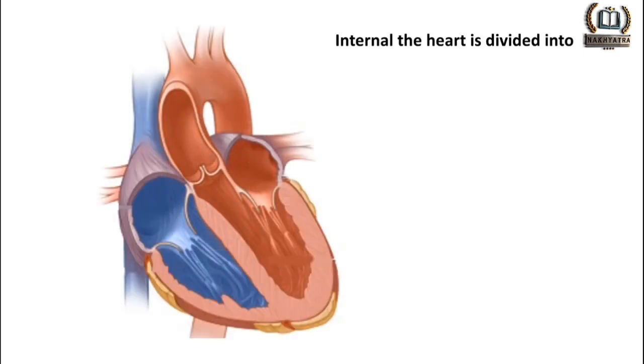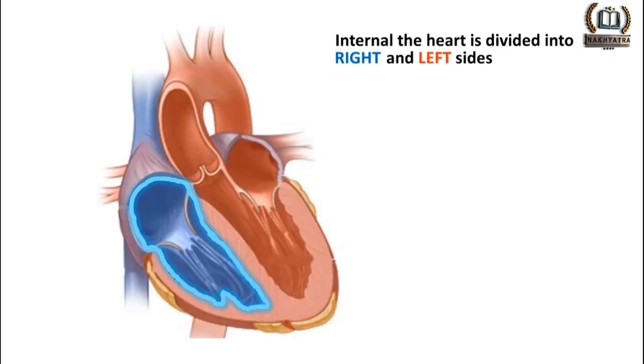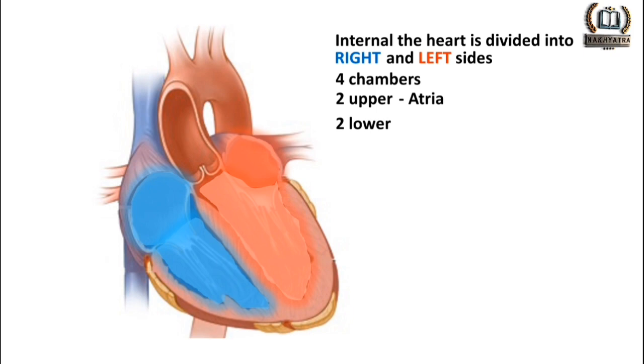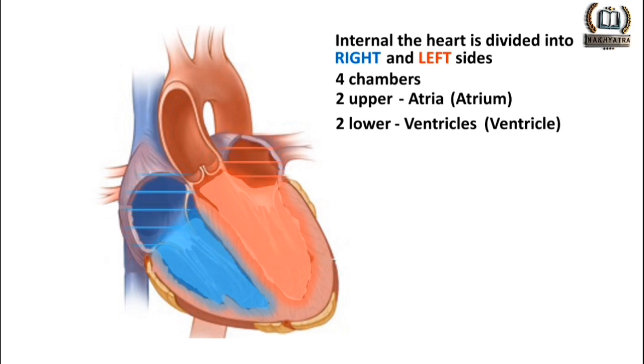Now see here, internal the heart is divided into right and left sides. So our heartor ভিতৰতে দুটা sides of divide কৰা হৈছে. এটা হৈছে right আৰু ইটো হৈছে left side. Now it has got 4 chambers. চাৰিটা chamber আছে, দুটা ওপৰত আৰু দুটা তলত. So two upper chambers are called atria or the atrium, and two lower chambers are called ventricles.